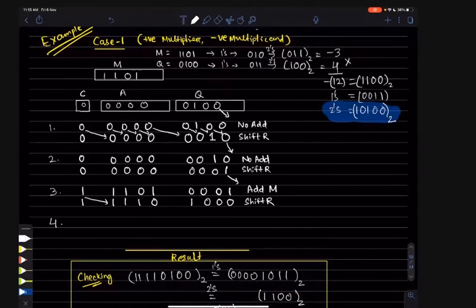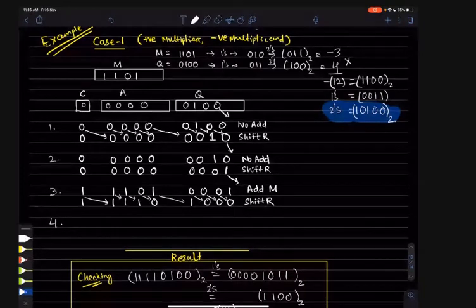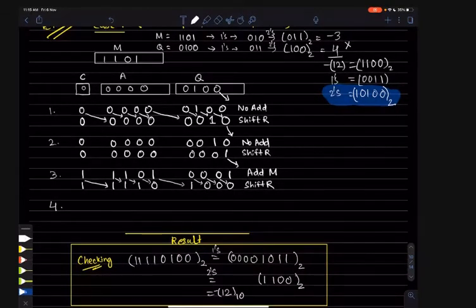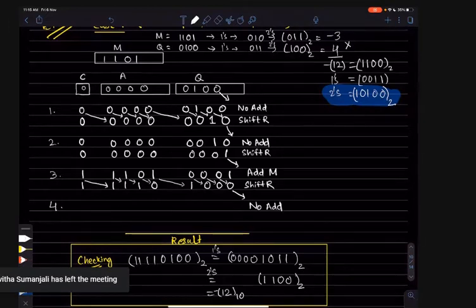If you cannot understand, let me show you. These things are shifted towards the right side. All bits are shifted to the right side. Now we have to again do the fourth step. In the fourth step, again we have to see the last bit. The last bit says that it is a 0, so no add operation, only shift operation.